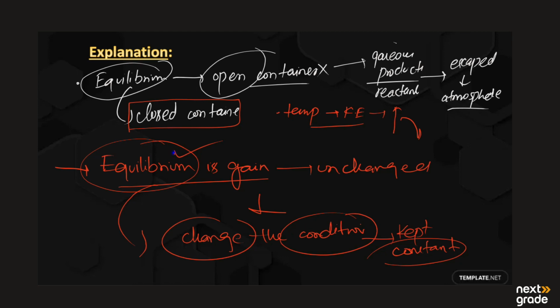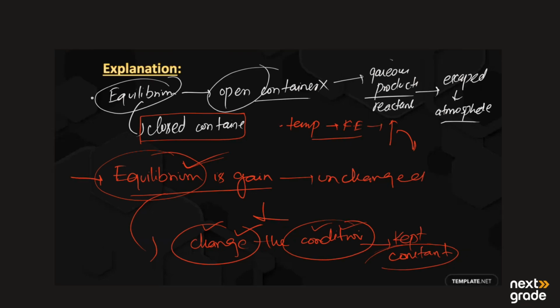Once the equilibrium is attained, then we have to keep the conditions constant. Otherwise, if we change the conditions, then the equilibrium may also be changed. So this is the topic that we have explained today about the conditions of the chemical equilibrium. And for the chemical equilibrium, these conditions are very important to be kept constant.